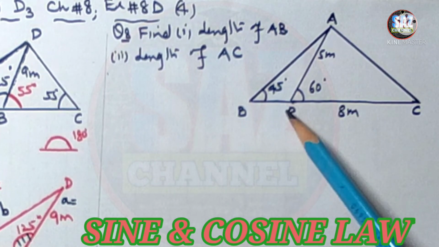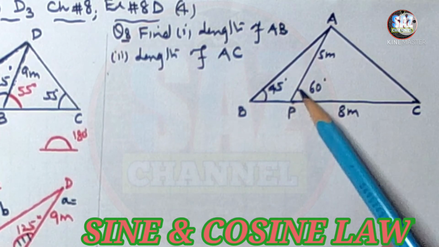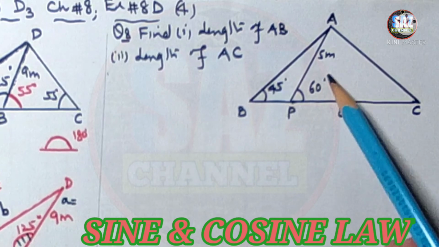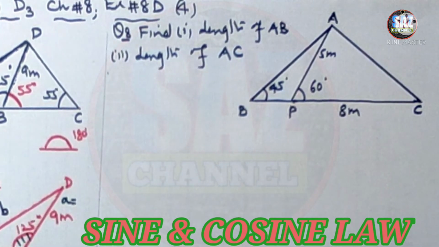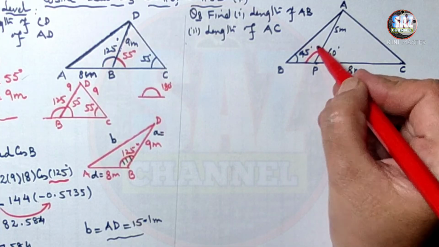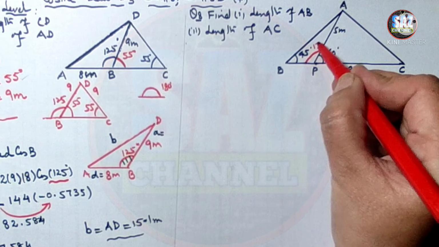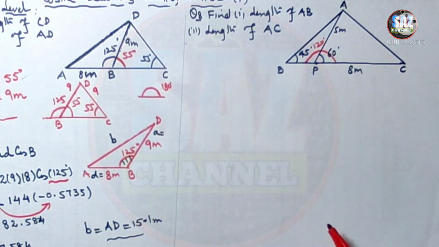And if we want to apply cosine law, then two sides and the included angle must be given. If we look at this 60 degrees, I can easily find the remaining portion of this angle by subtracting 60 degrees from 180, and I will have 120 degrees over here.